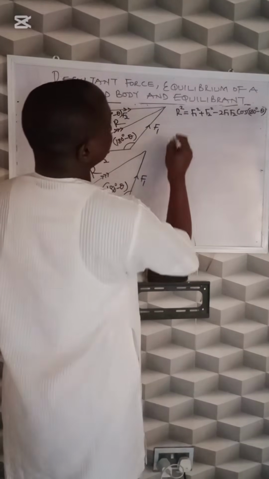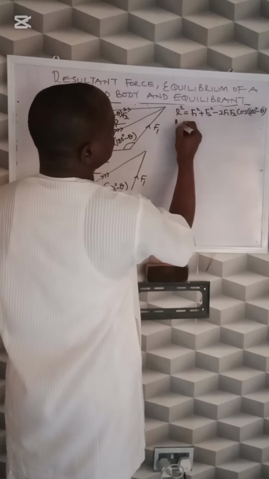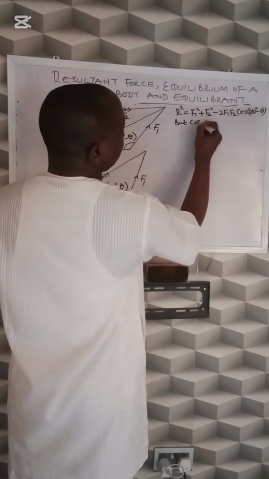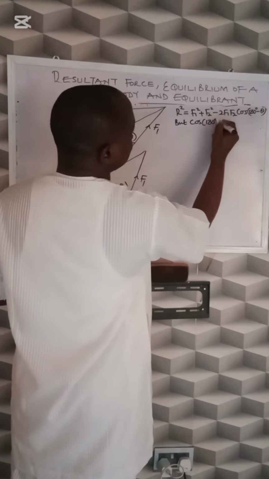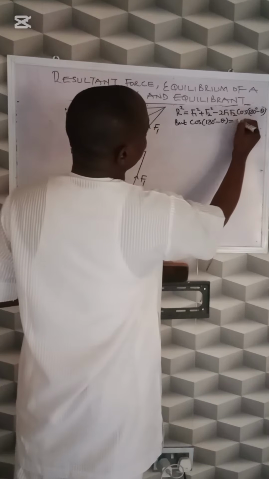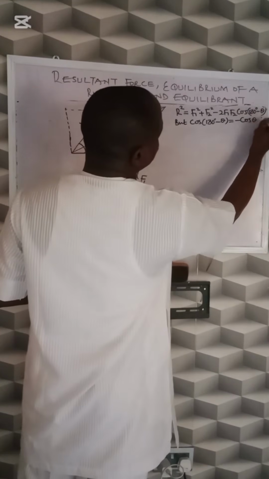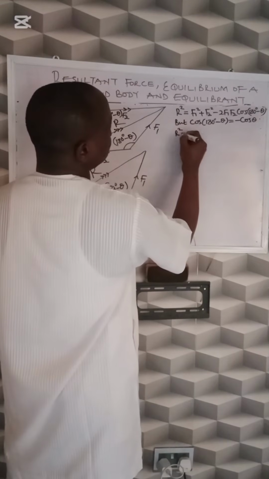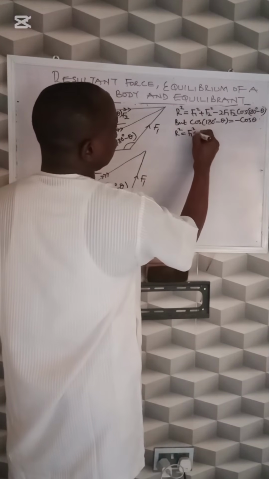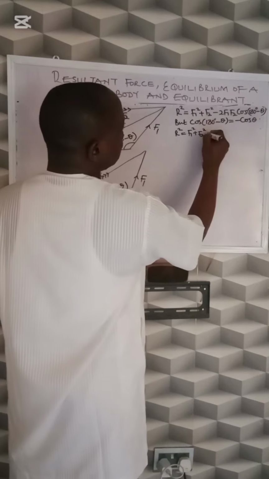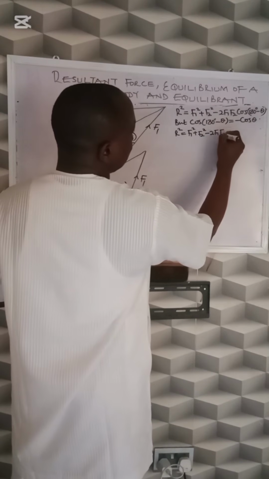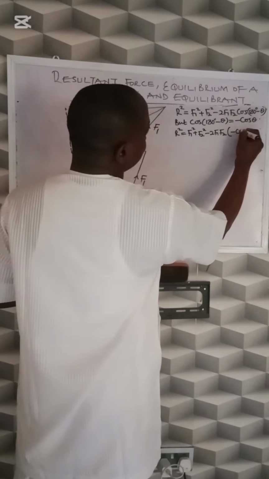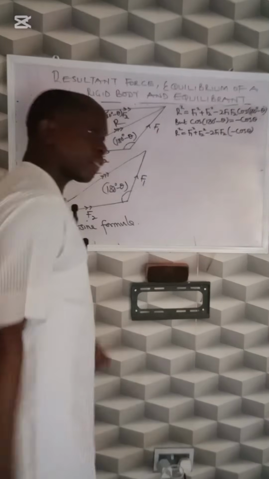But in mathematics, cos of 180 degrees minus theta is equal to minus cos theta. So anywhere you see that, you say R squared is equal to F1 squared plus F2 squared minus 2F1F2 times minus cos theta.